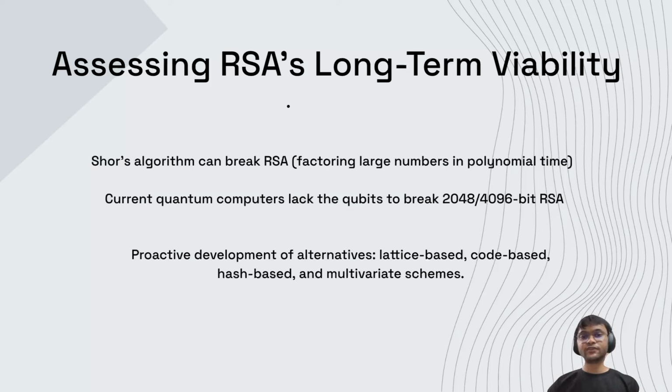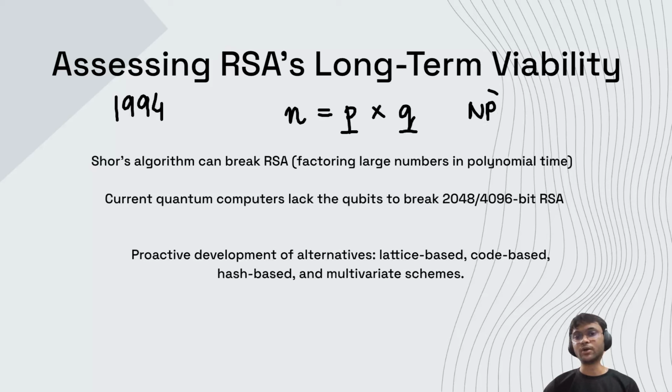Remember, in RSA, we start out by selecting two large primes, P and Q, and then we compute the product of these two large primes. In the year 1994, Peter Shor demonstrated that a quantum computer can factor these two large integers in polynomial time, thereby effectively breaking RSA's underlying hard problem, the difficulty of factoring.